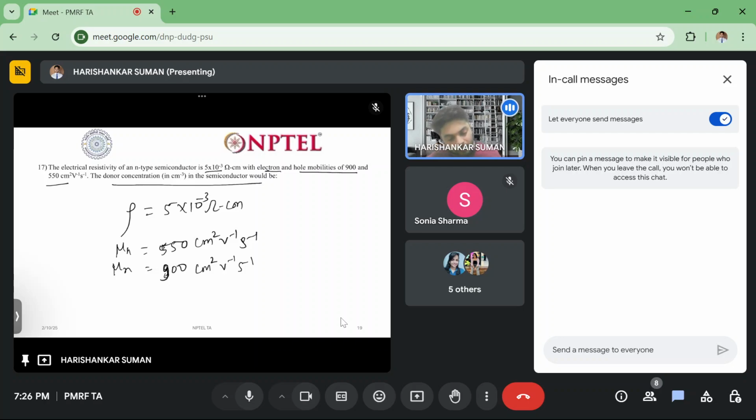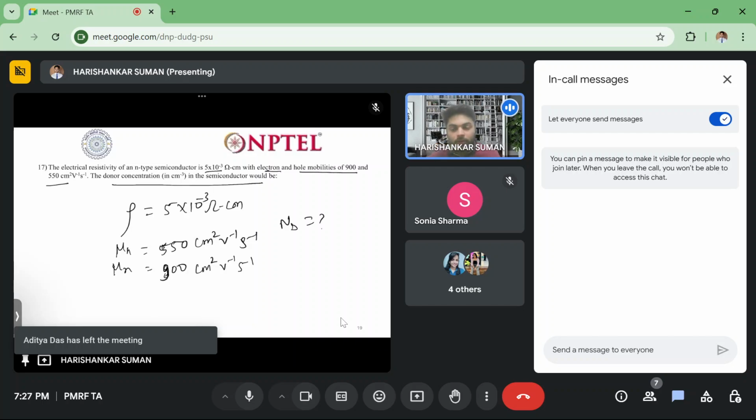The donor concentration ND, you have to find. Please find it.